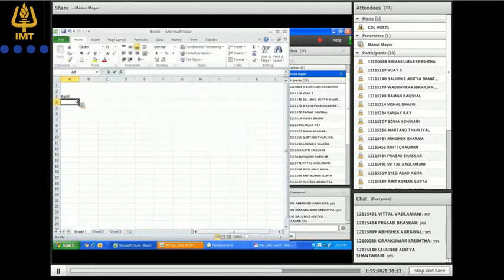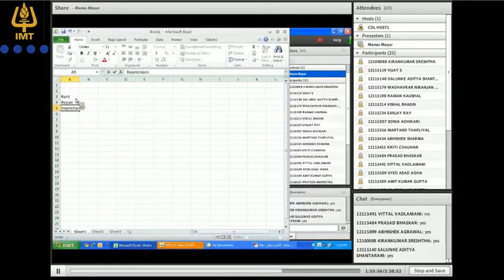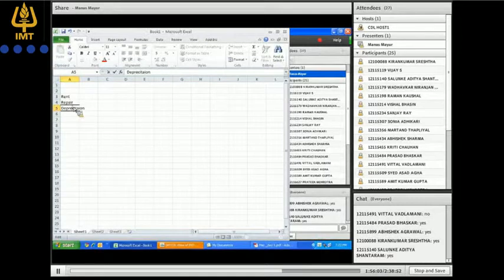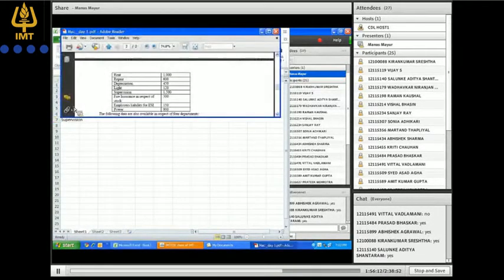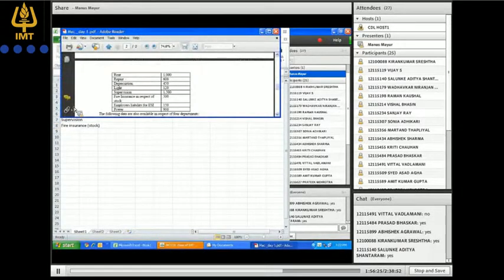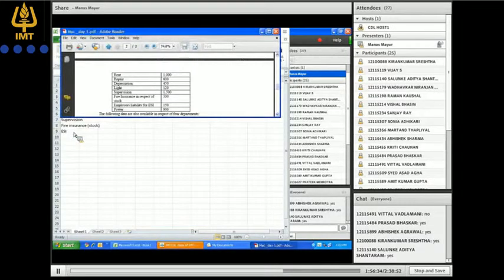Then repair, then depreciation, light, supervision, fire insurance for stock, and then power.